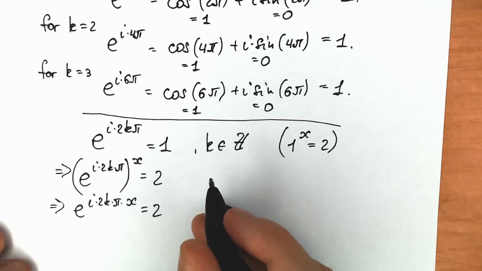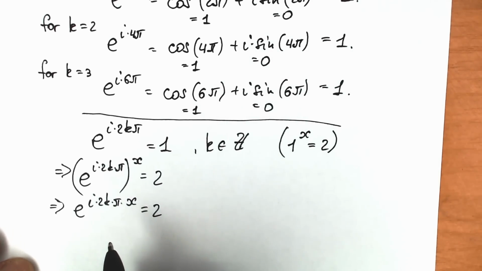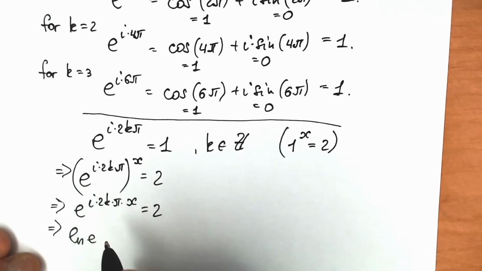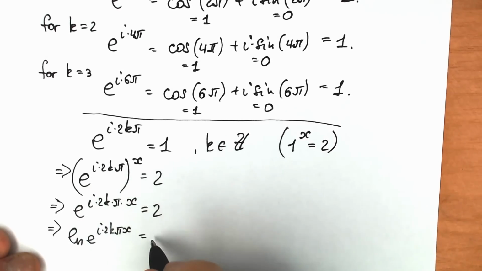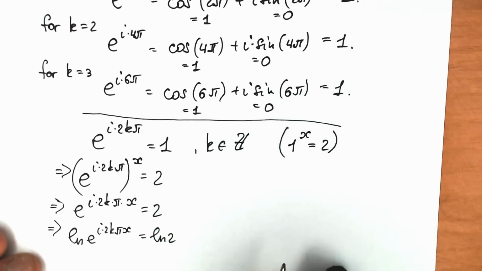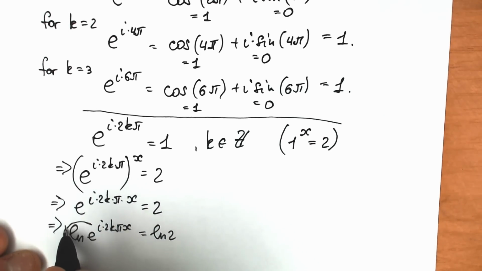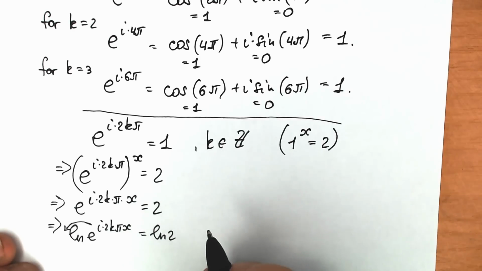All right, right now what we're going to do, first of all, let's apply natural log on both sides. Okay, let's do this right now. We're gonna have natural log of e to the power I 2k pi x, this our power, equal to natural log 2. Okay, and right now this long and complicated power we can easily write in front of this natural log, because this is like a basic natural log property from school.